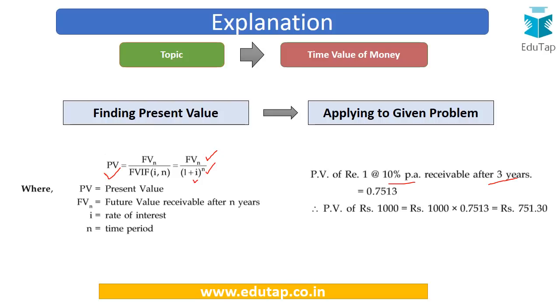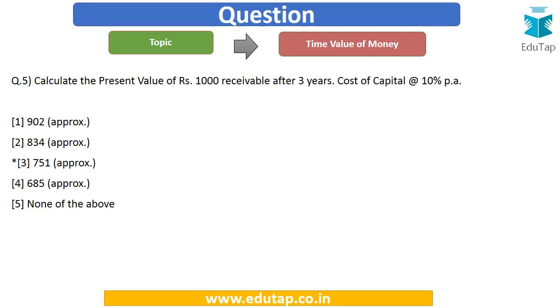So 1 divided by 1.1 to the power 3 comes out to 0.7513, and when multiplied by 1000, which is the future value, this gives us rupees 751.30. So friends, now we can easily answer this question: 751 approximately is going to be the correct answer.